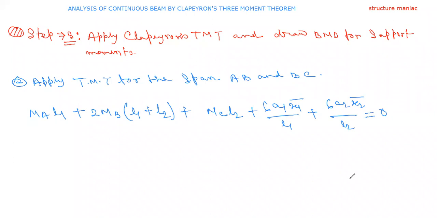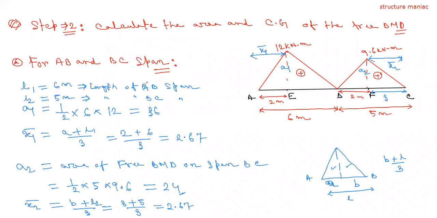Now we have all the values. Look, here we have already calculated L1. We know the value of L1 and L2. We have calculated the value of A1 X1 bar, A2 and X2 bar. We just put the values in that equation.